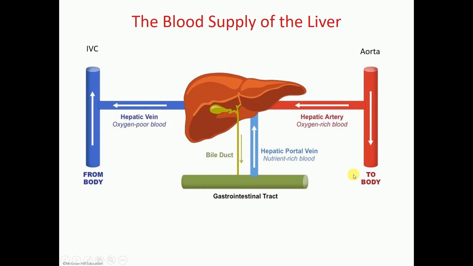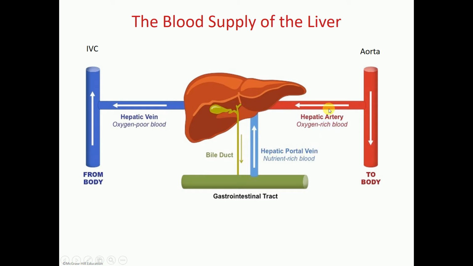It has another blood supply which happens to be deoxygenated blood. So this blood coming in is not to bring in oxygen to the liver. It is actually coming from the gastrointestinal tract, so from the small intestine and from the spleen and so on. It is bringing nutrient-rich blood, meaning all of the things that we've absorbed, all the goodies that we've absorbed through the small intestine would reach the liver through the hepatic portal vein.